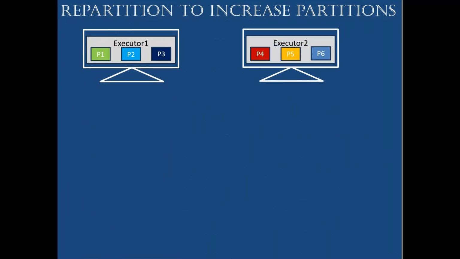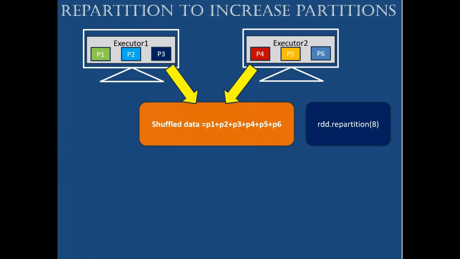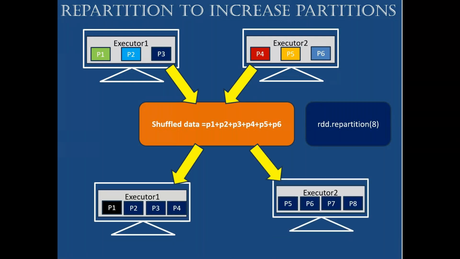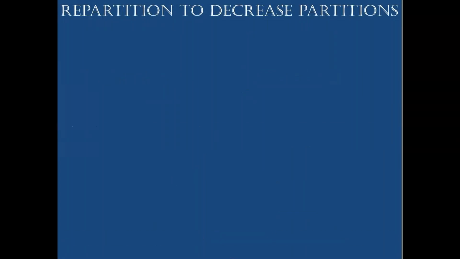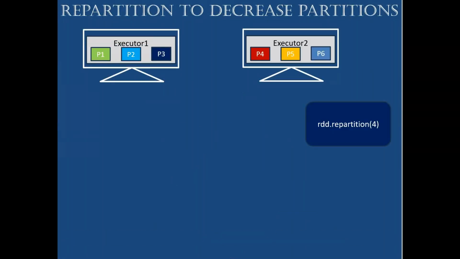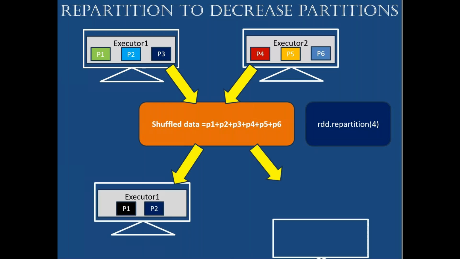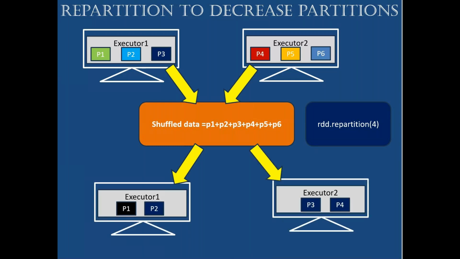If I apply rdd.repartition of 8, first it takes the 6 partitions of data, shuffles and mixes it, then creates 4 partitions here and 4 partitions here. Similarly, when reducing the number of partitions from 6 to 4 using repartition, first it merges and shuffles everything, then creates 2 here and 2 here. This is how repartition works.